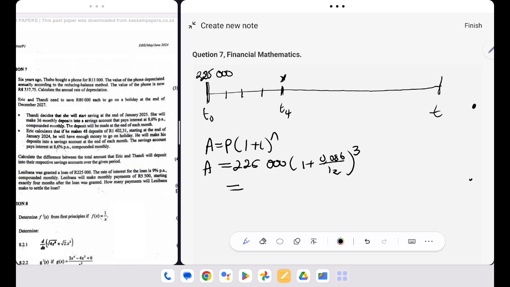So here I'll get 225, 1 plus 0.086 over 12.